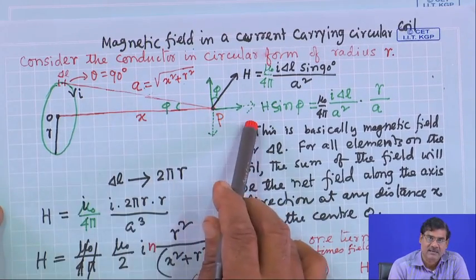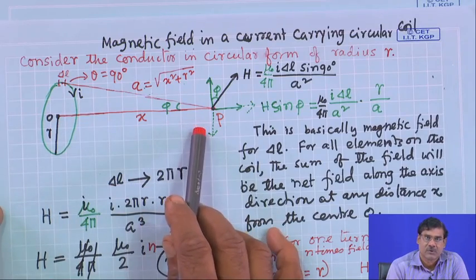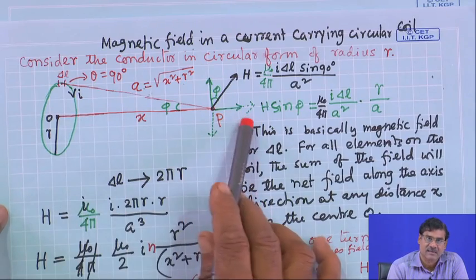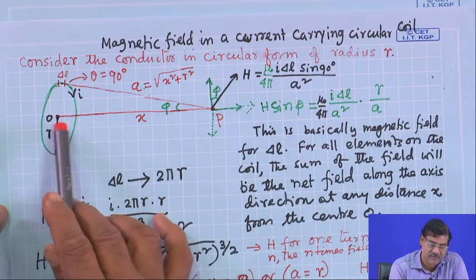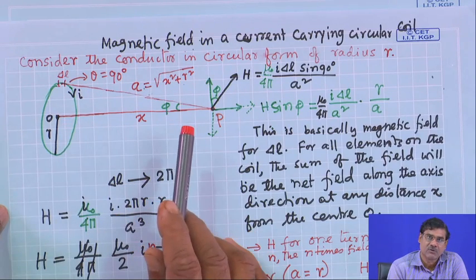This is on the axis, off axis also one can find out, but we are interested to find out the magnetic field on the axis at distance x from the center of the coil. Okay. So, now we will use Biot-Savart law.